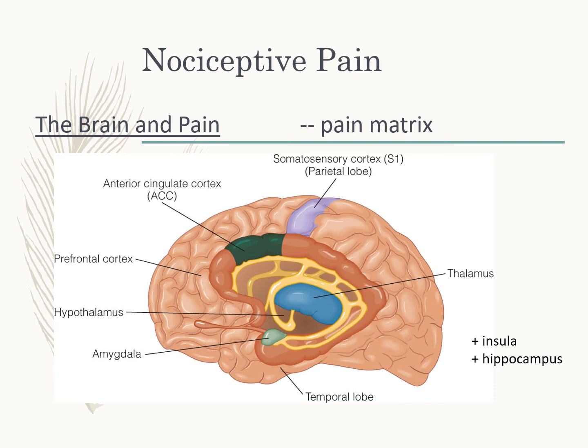So it's still getting sent through the thalamus as well. But to some of these, it also goes directly. Not trying to make that too complicated, but I just did. So this is considered the pain matrix. All of these brain regions are involved with our experience of pain.